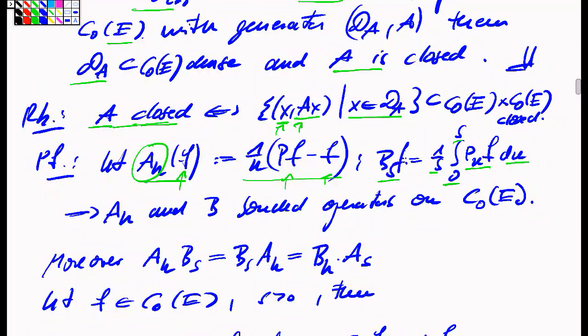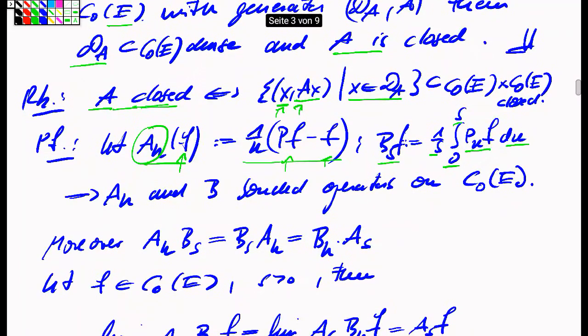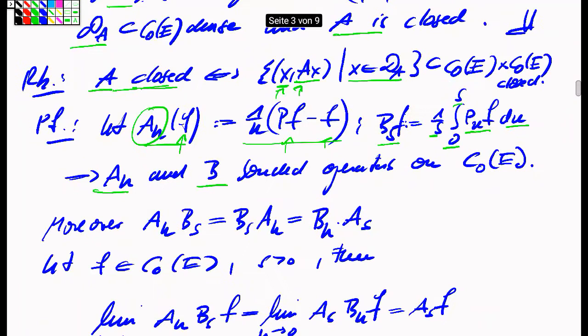And also B_s f is a bounded operator which can be applied to any function f from this function space of continuous functions vanishing at infinity. Okay, A_h and B_s are bounded operators. And moreover, it's an exercise to check that these two operators in fact commute.